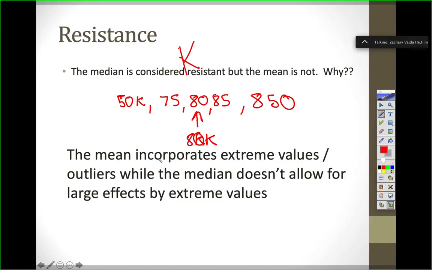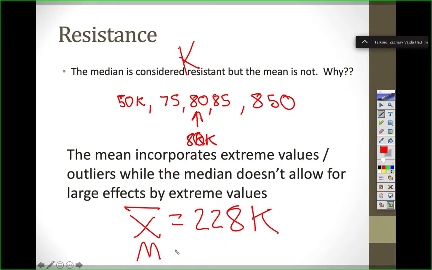The mean incorporates the extreme values because if I was to put this data into the calculator, 50,000 plus 75,000 plus 80,000 plus 85,000 plus 850,000 and divide it by 5, add them all up and divide by how many you have, the mean X bar for this would be $228,000. The median was $80,000.